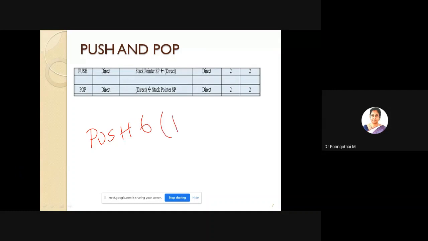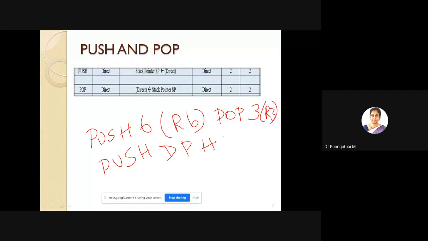Here 6 is nothing but your R6. Otherwise, you can specify register name DPH. Similarly, for pop, pop 3. 3 is nothing but R3. Pop DPH. So direct addressing mode, 2 bytes and 2 machine cycles.